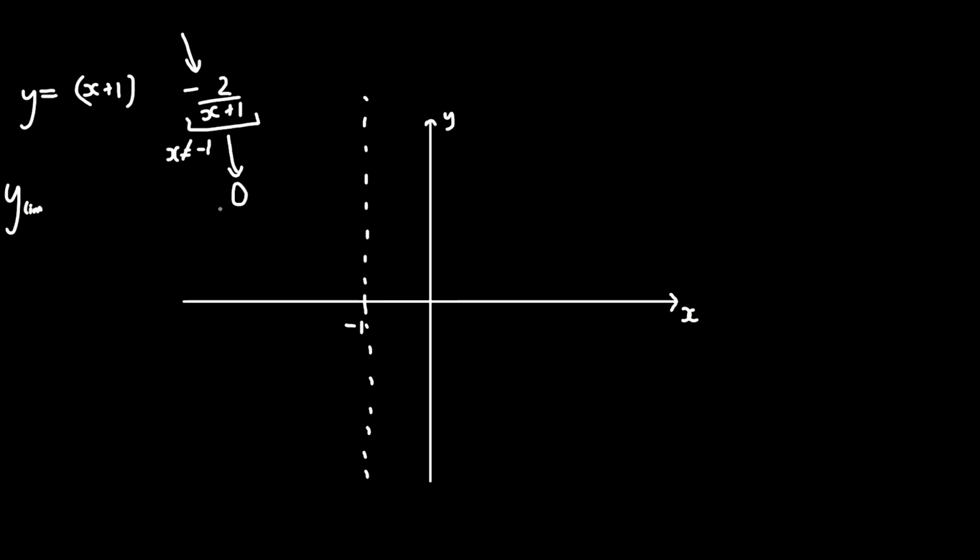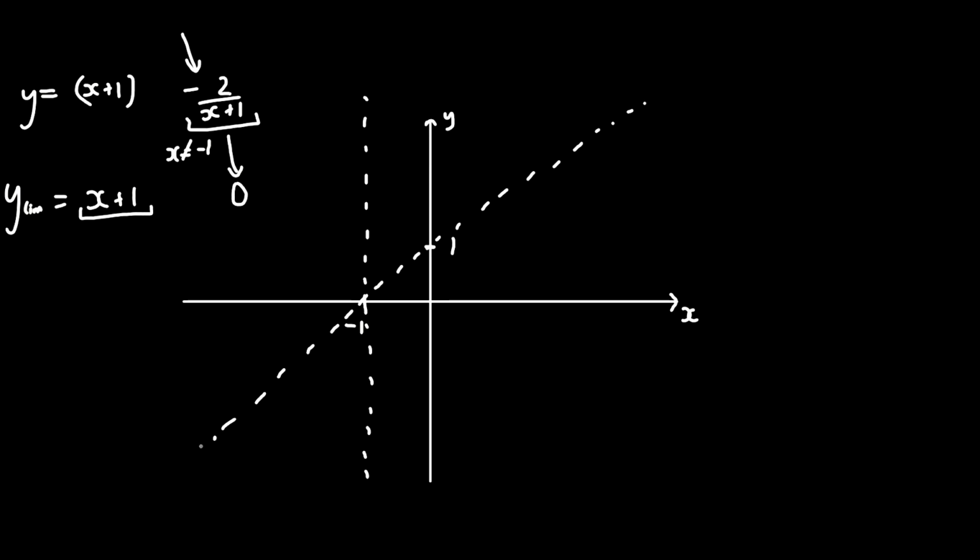So we're going to approximate this to 0 and have y, the limit of y, just be dominated by this x plus 1 term. So that means we're going to have an asymptote that's not vertical or horizontal, but follows this equation x plus 1, which is just a straight line of y-intercept 1 and x-intercept of minus 1, and that's just going to be a dotted line through here.